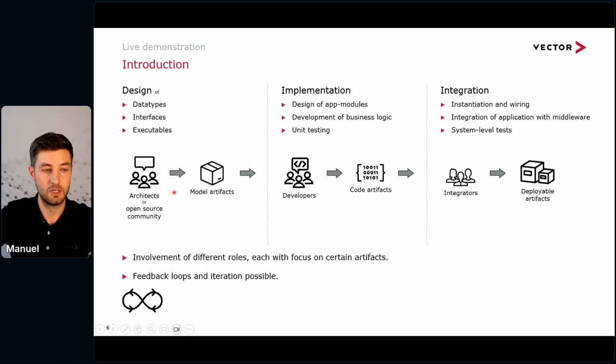They have a feedback for the architects, etc. And also these feedback loops and iterations for sure are supported and possible. Even the framework encourages to do this. And developers, for example, have the possibility to extend the design parts to be not blocked by missing input artifacts, for example.